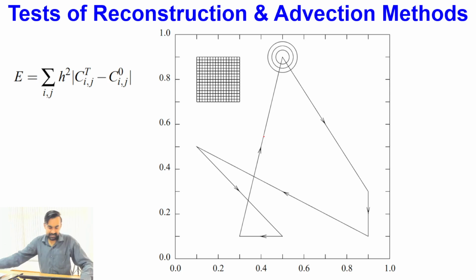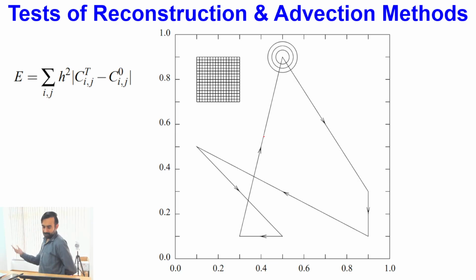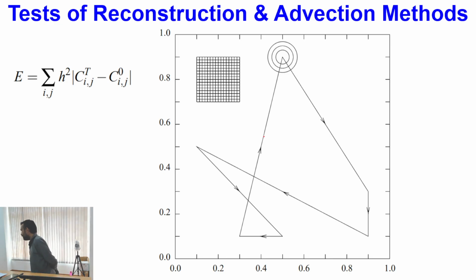Now quickly we can see one more thing. Whenever we studied the interface reconstruction methods, we defined two important parameters: one was the error and the second was the order of convergence. So here also let us try to understand the test for reconstruction and advection methods.